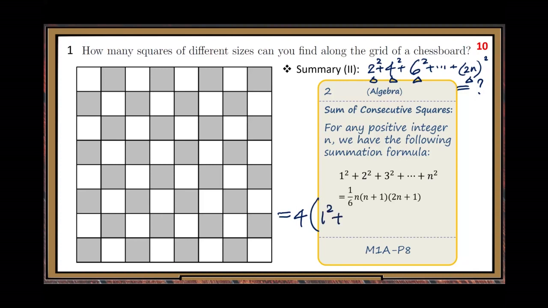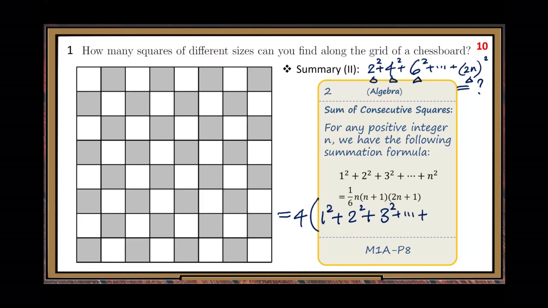The second term, 4 square, after we factor out 4, only 2 square left. The third term, 6 square, only 3 square left, and so on.